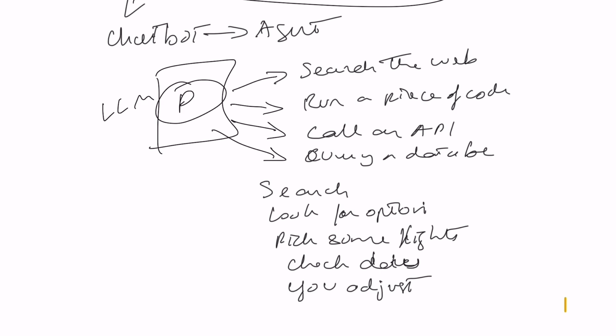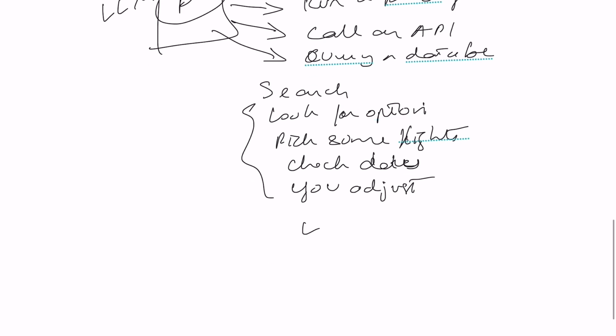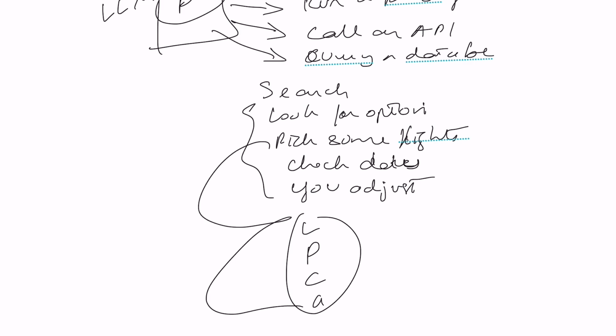So you again do the entire process, look for options, pick some flight, check dates, adjust, right? So this is a kind of a loop which you're doing again and again. This loop can be performed by a program which you can call an agent.